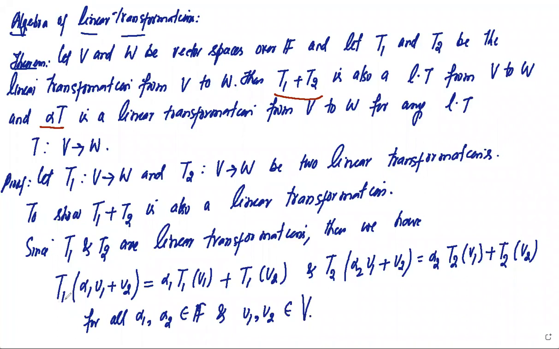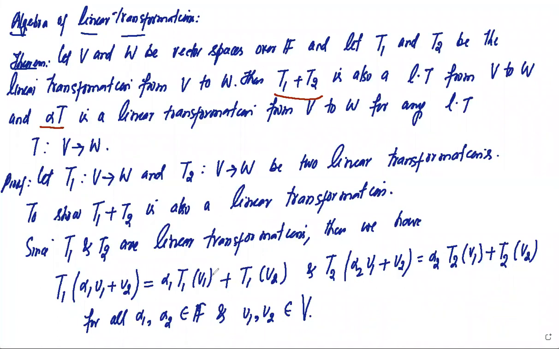We must have T1 of alpha 1 V1 plus V2 equal to alpha 1 T1 of V1 plus T1 of V2. And similarly, T2 is a linear transformation, so for any scalar alpha 2 and any vectors V1 and V2, we must have T2 of alpha 2 V1 plus V2 equal to alpha 2 T2 of V1 plus T2 of V2.